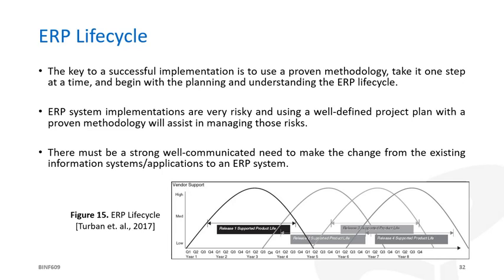There must be a strong, well-communicated need to make the change from the existing information systems to an ERP system before starting any implementation. There should also be clear and well-defined business objectives written and communicated to the organization. The project methodology needs to be documented, reviewed, and fully understood by everyone included in the project.